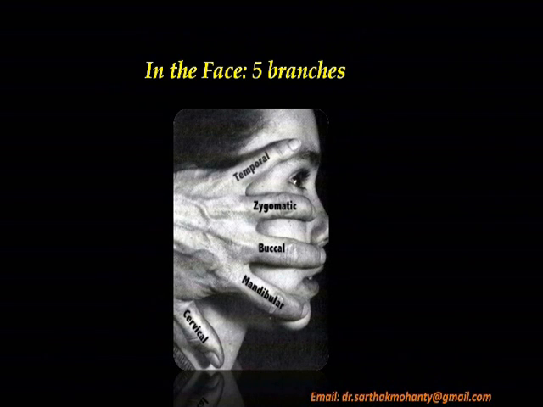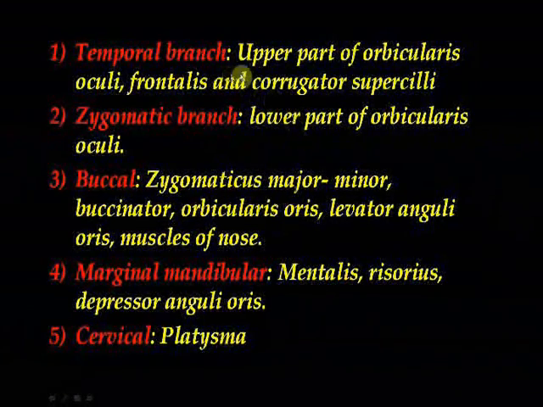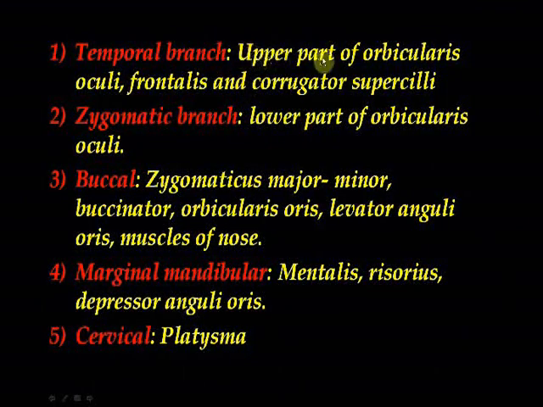Now in the face it gives 5 branches: temporal, zygomatic, buccal, marginal mandibular and cervical. Now the temporal branch supplies the upper part of the orbicularis oculi, frontalis and corrugator supercilii. The zygomatic branch supplies the lower part of orbicularis oculi.